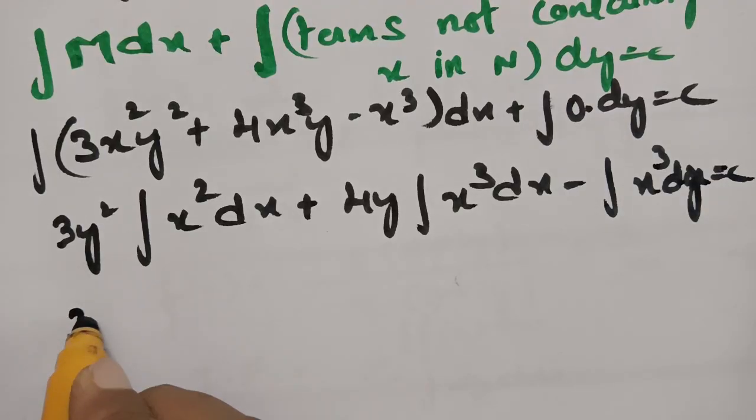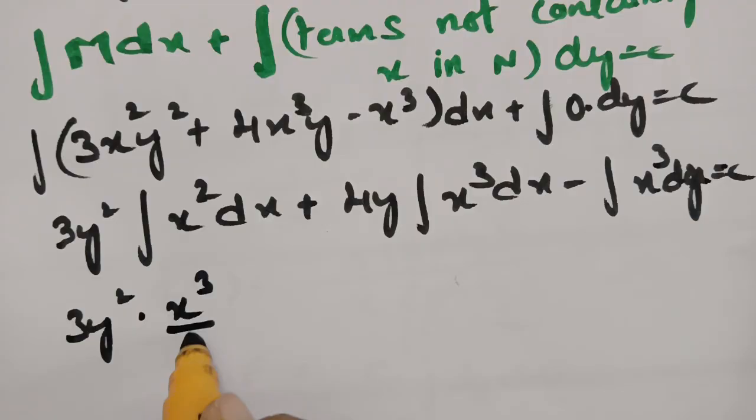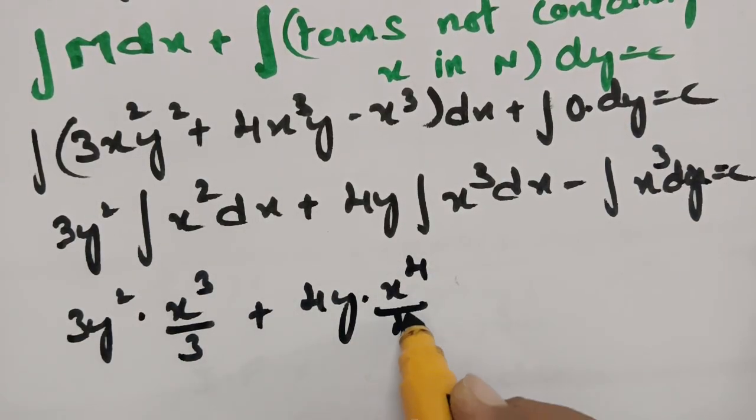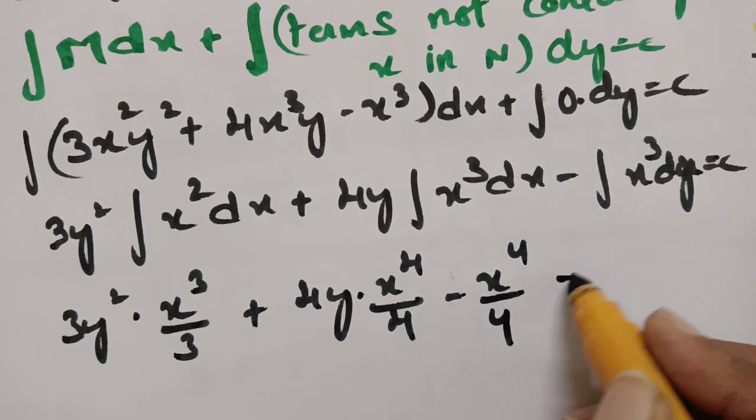So here this will be 3y square, for x square this value is x cube by 3, plus 4y, this value is x power 4 by 4, minus x power 4 by 4, which is equal to c.